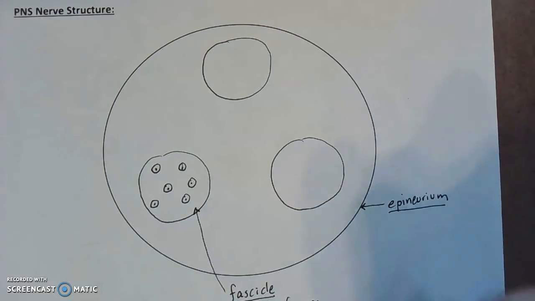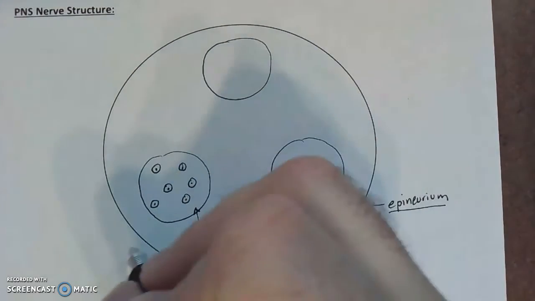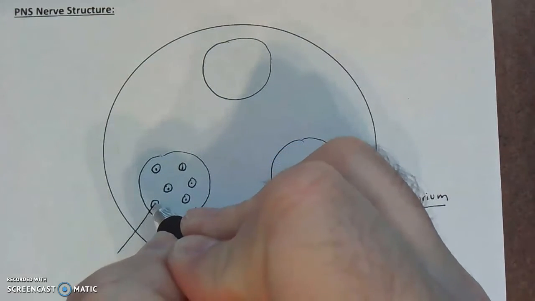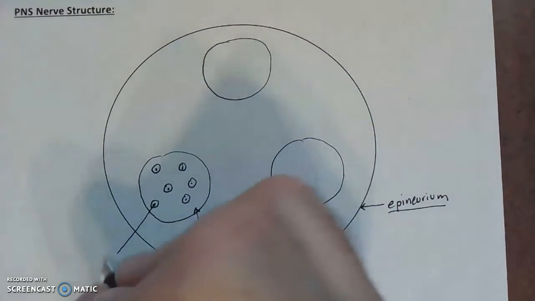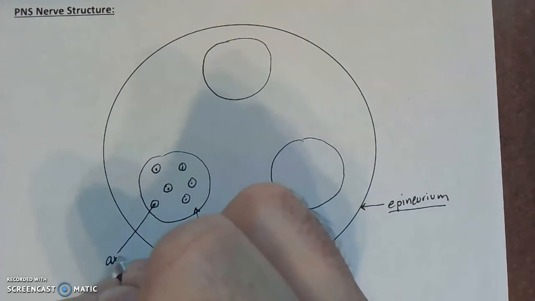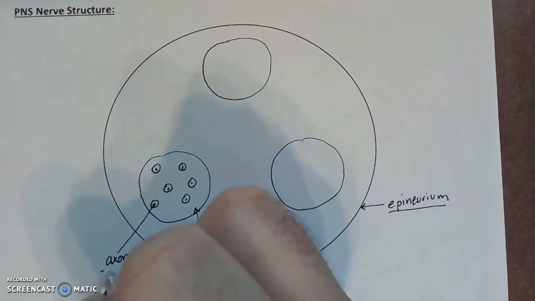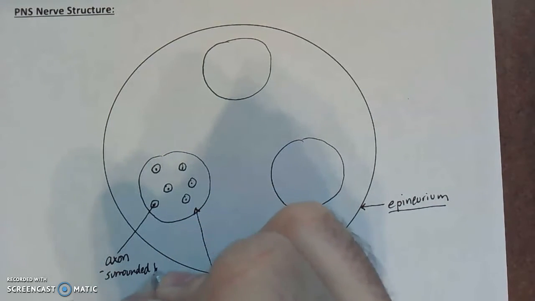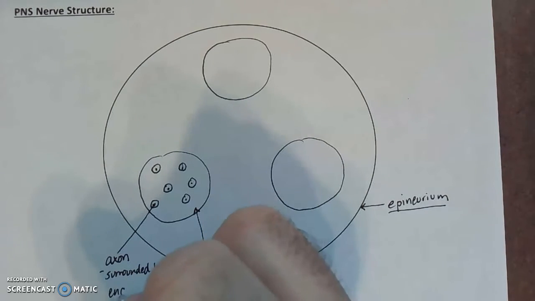So we have epineurium, perineurium, and then inside of each one of these little circles with the dot, that little dot is the axon, and it is surrounded by endoneurium.